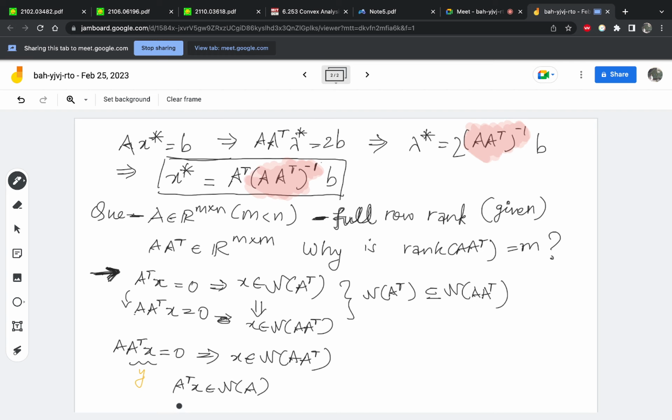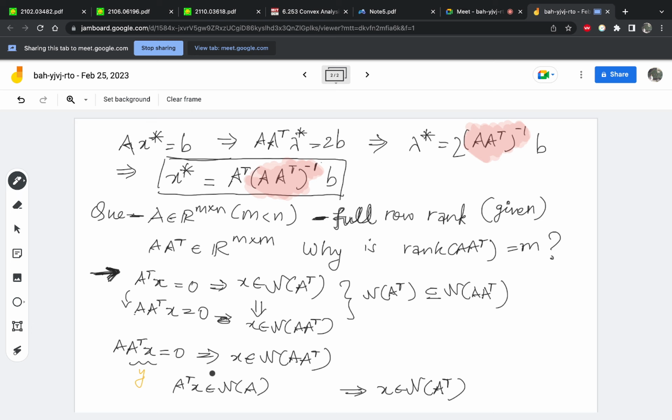It means we have to prove that X lies in the null space of A, right? Yeah. So how to do that? Can we by any chance apply the transpose to both sides and come up with some conclusions?